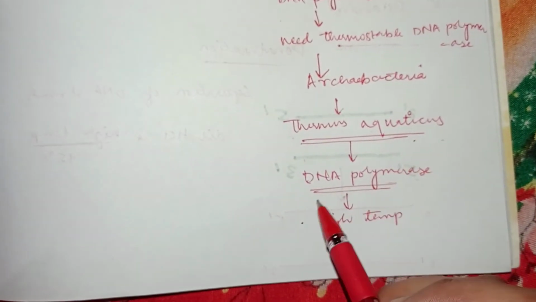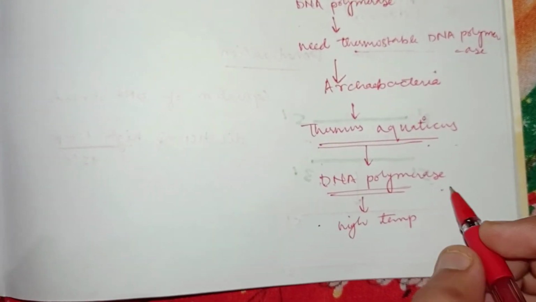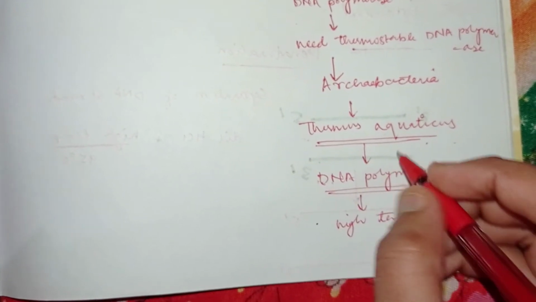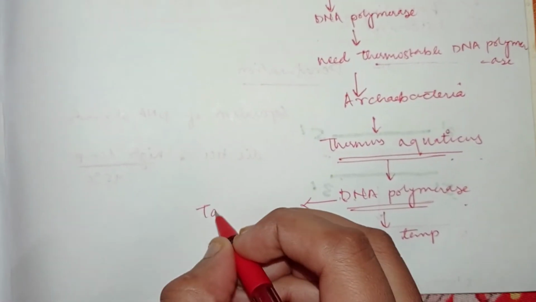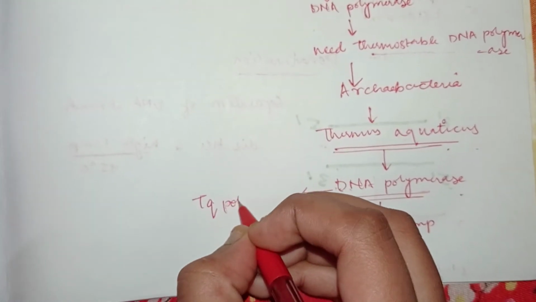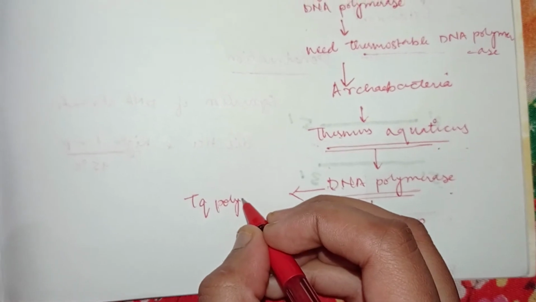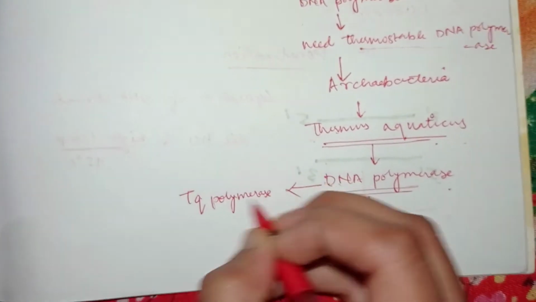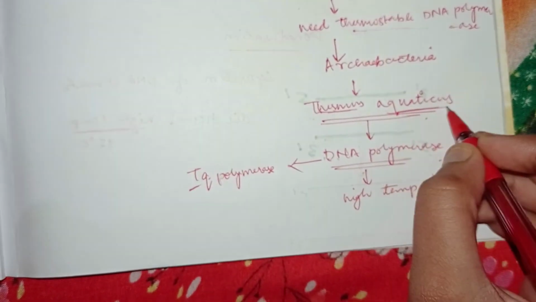And this DNA polymerase is known as Taq polymerase enzyme because it is removed from Thermus aquaticus bacteria. T means Thermus and Q means aquaticus.